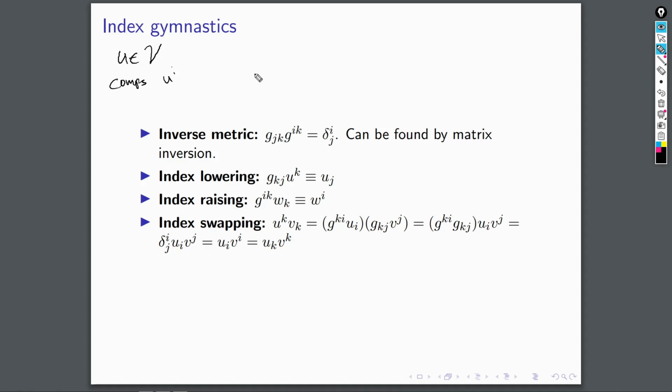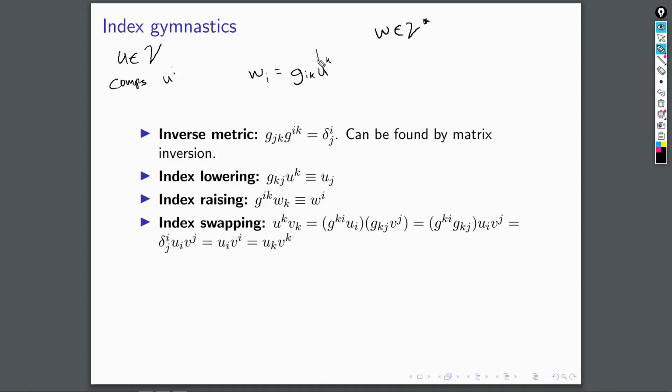What I can actually do is define an object W having components W_i equal to G_ik U^k, and then this W is actually a covector.